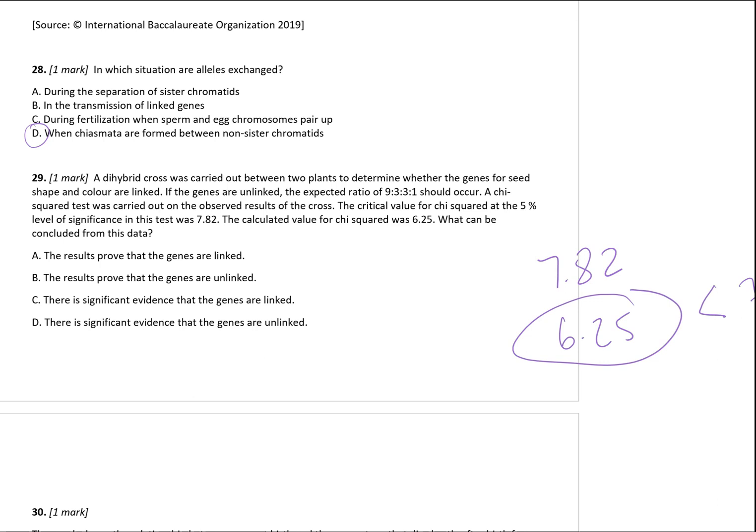So that shows that the genes are unlinked. So it can't be A because that's talking about the genes being linked, and it can't be C. So then it's a case of whether it's proof or significant evidence, and it's not proof because there's a confidence limit of 5% here, isn't there? So we're only 95% certain, so the answer is D.